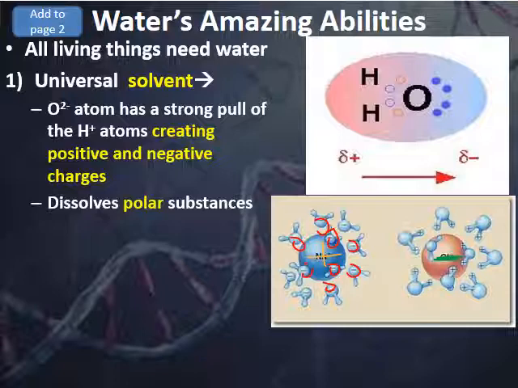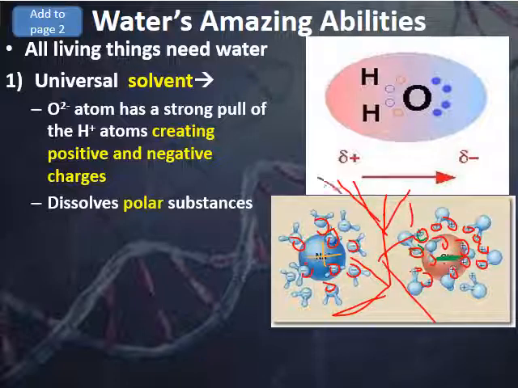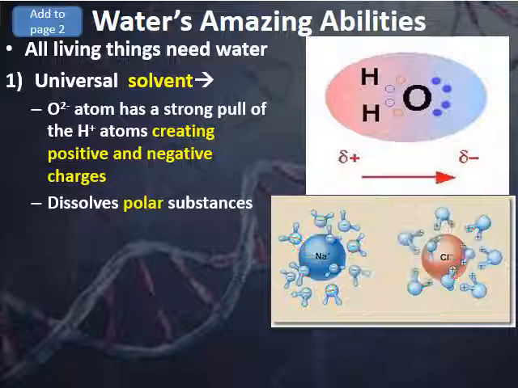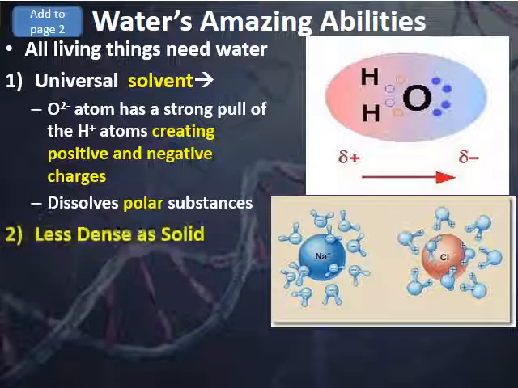Over here with our chloride, because it is negatively charged, all of the positive hydrogens are going to be interacting with the negatively charged chloride atoms. The water pushing and pulling in all random directions is going to break apart the sodium and the chloride, which means it's going to dissolve into a solution of salt water. Water's ability to do this is really important, because then we can physically move things around a cell, and around our body, through water's ability to act as a solvent.